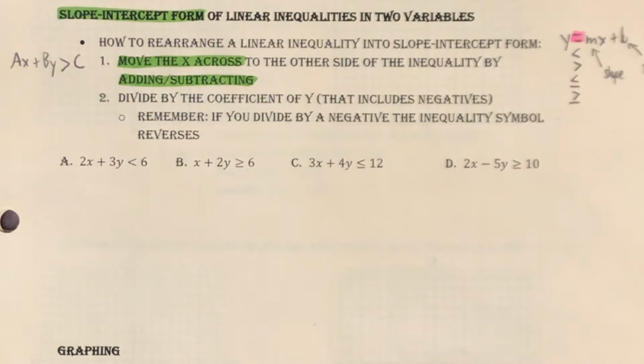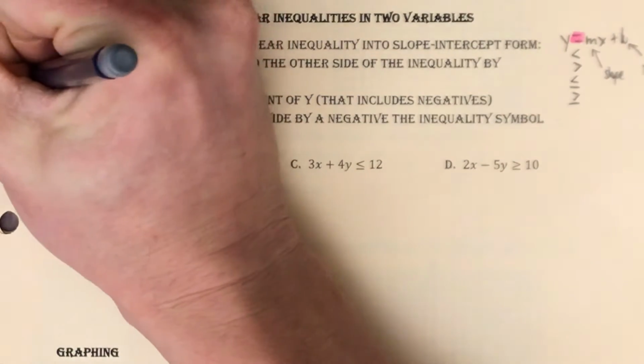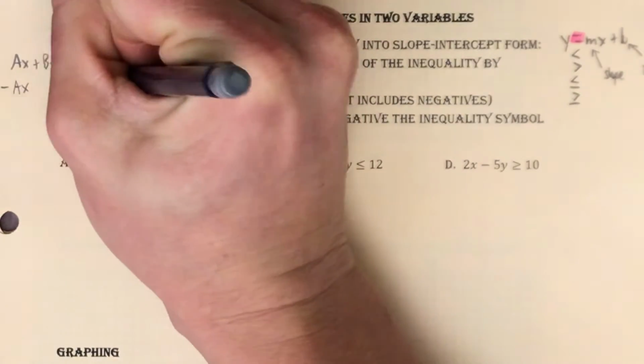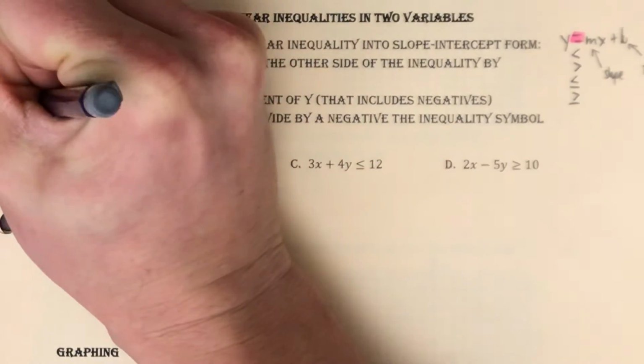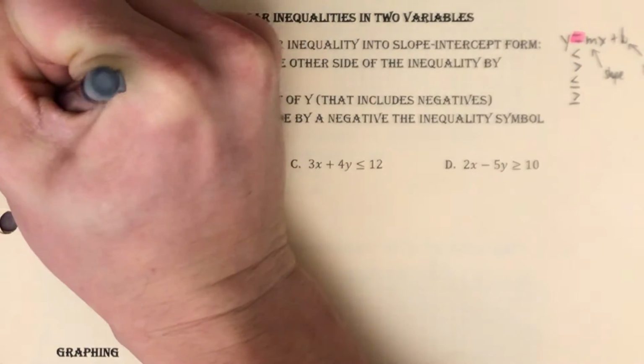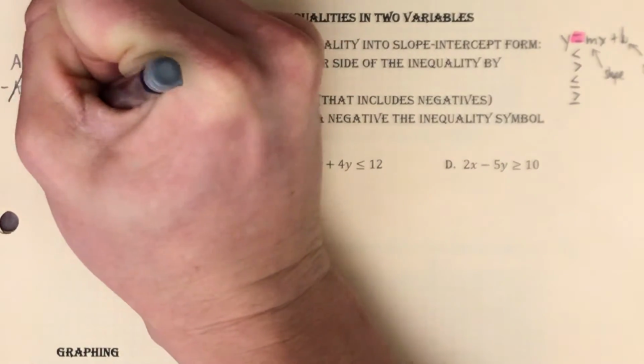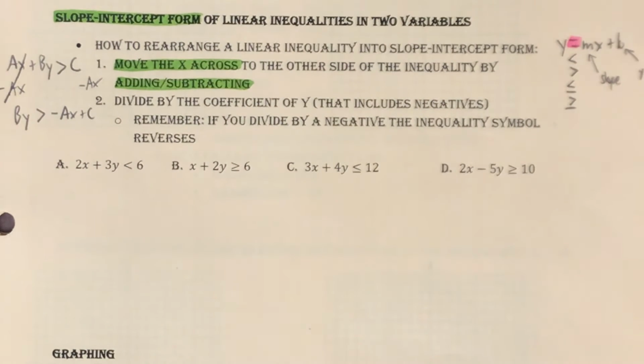As we learned in chapter 2b, when we add or subtract something across an inequality, it doesn't change the inequality symbol at all. So we add or subtract the x across to get the y by itself. If I subtract ax from both sides, I'm left with by is greater than negative ax plus c, because we always want the x term first.